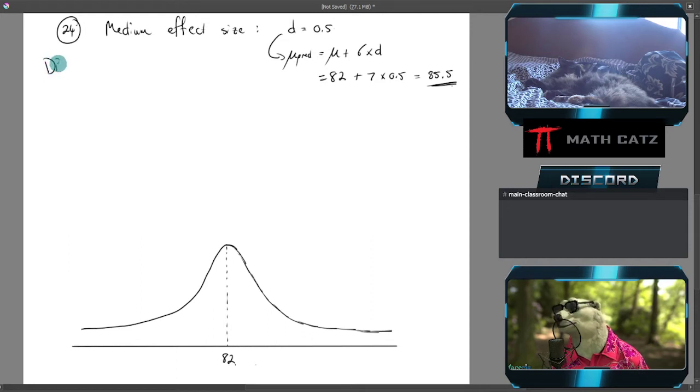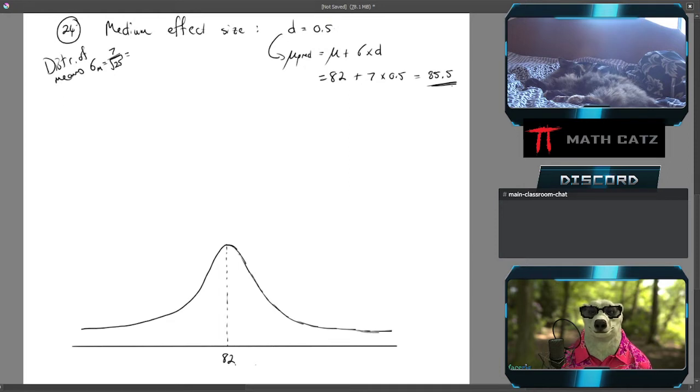So for the distribution of means, my comparison distribution has a sigma m that is going to be the standard deviation of the population distribution over the square root of the sample size, which is a very convenient 25, so 7 over 5.